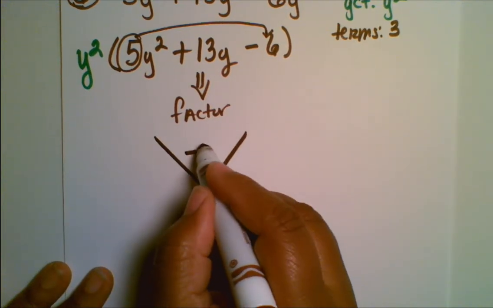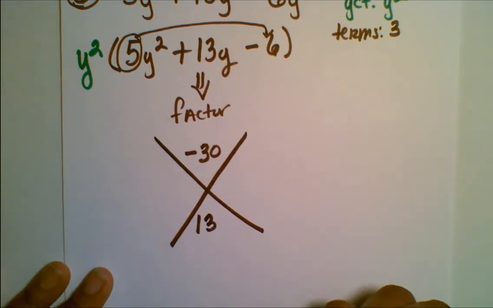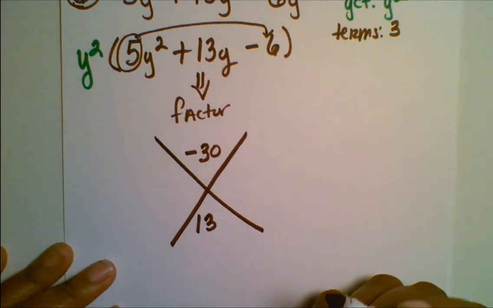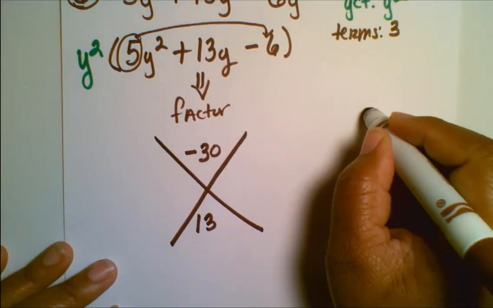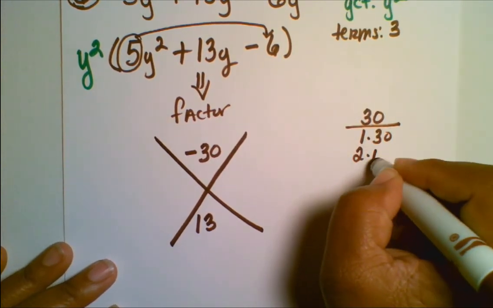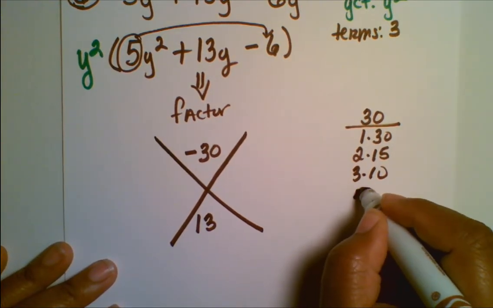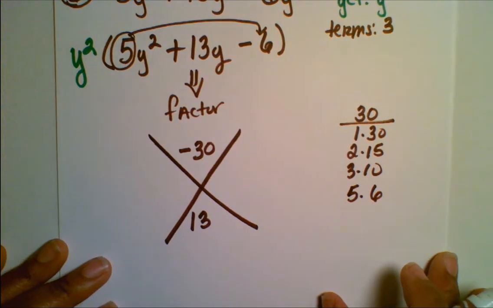So you're saying negative 30. What are factors of negative 30 that will add to give us the middle term of 13? So 30, first of all, let's list factors of 30. 1 and 30, 2 and 15, 3 and 10, 5 and 6.